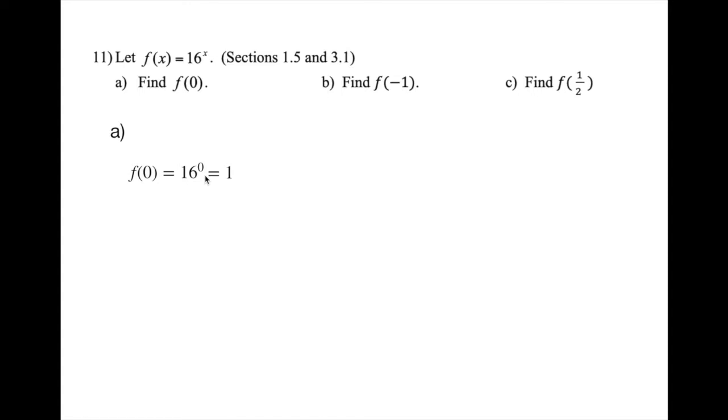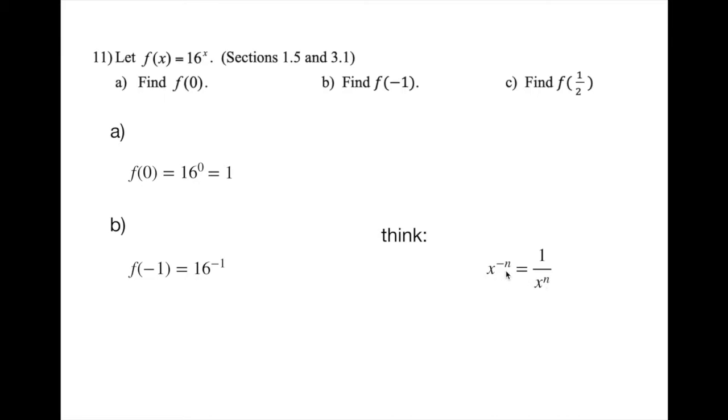That's part A. Part B, when x equal to negative 1, that will become 16 to the power of negative 1. And we don't really like negative powers. You may recall that anything with a negative power, if you want to change it to the positive power, it will become the reciprocal of that.